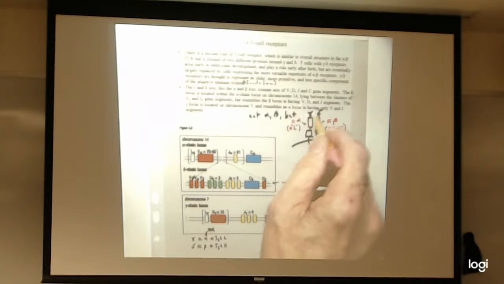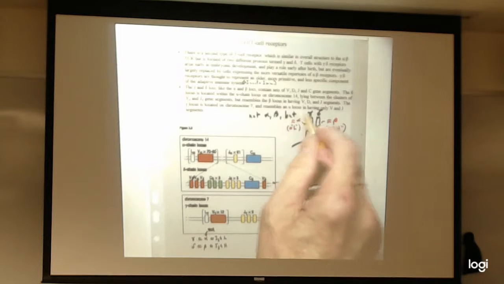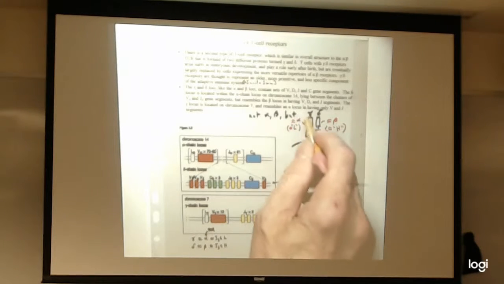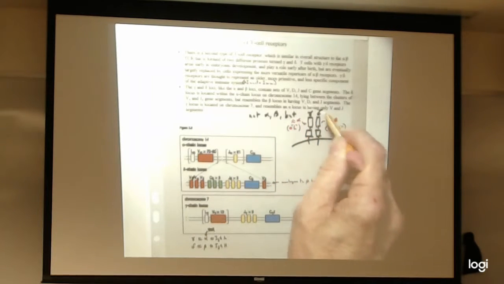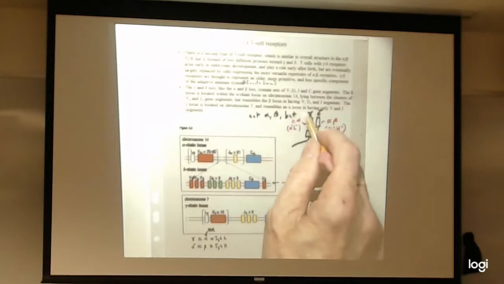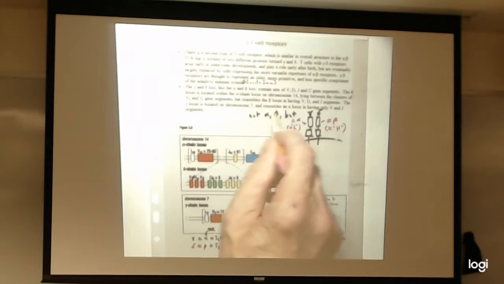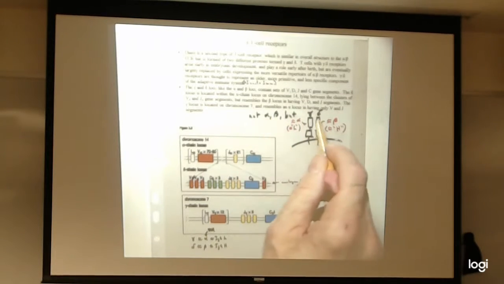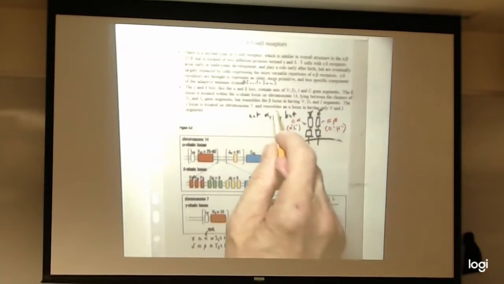D, E, F, G kind of are like, we say gamma delta in the Greek alphabet like we say AB in the Latin alphabet. So gamma delta: gamma corresponds to the alpha chain of a T cell receptor, delta corresponds to the beta chain.